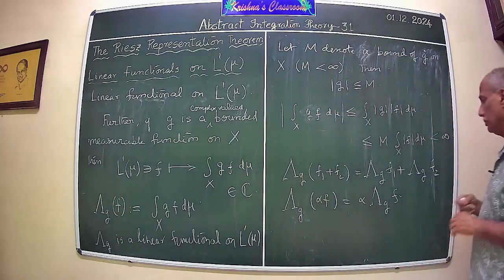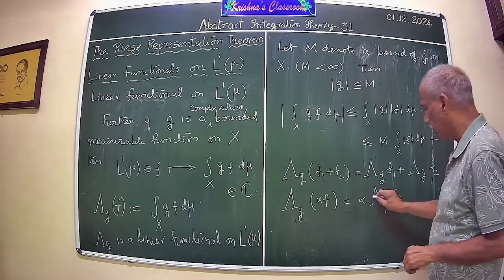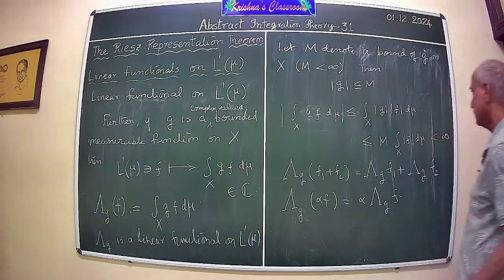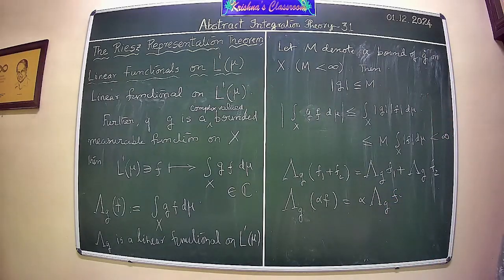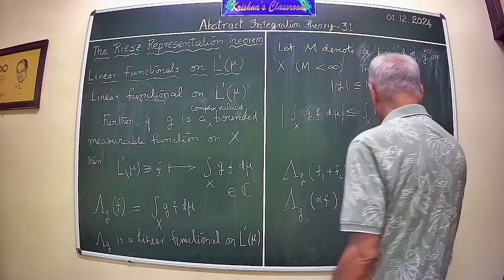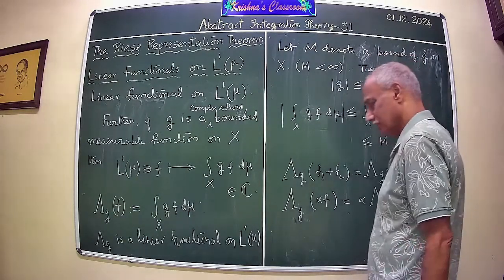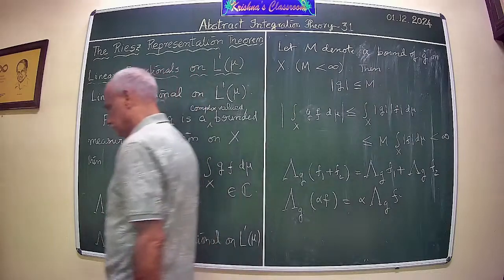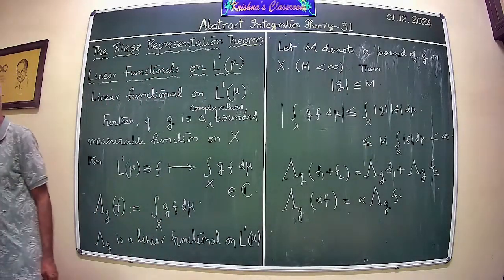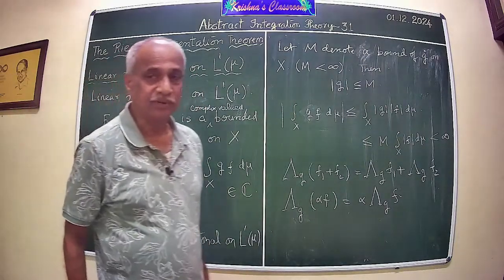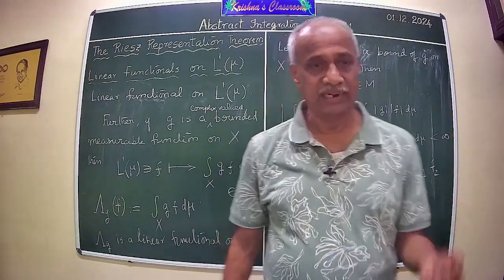Now, what we are going to look at is the following. Okay. You have a linear functional, and this is lambda G of f. It's a complex number. Now that is defined for f. Now G is the one that identifies.